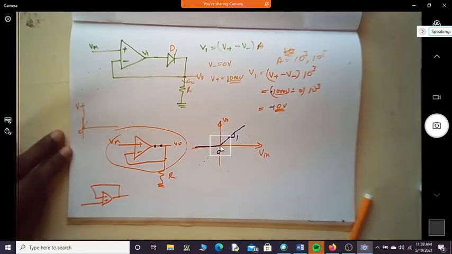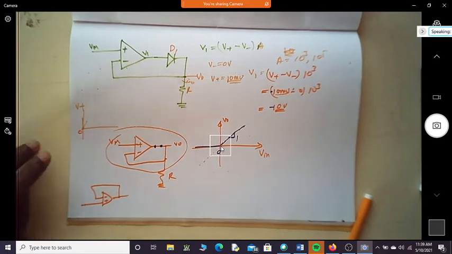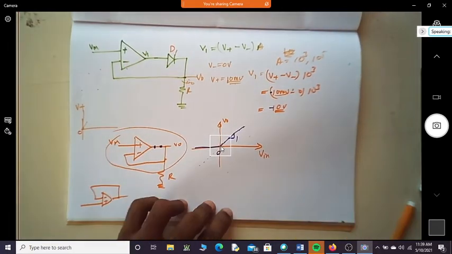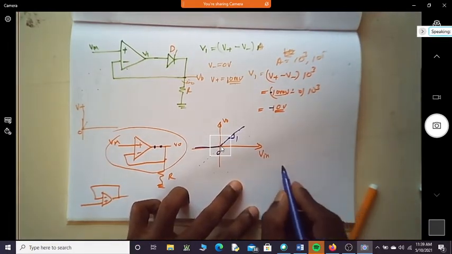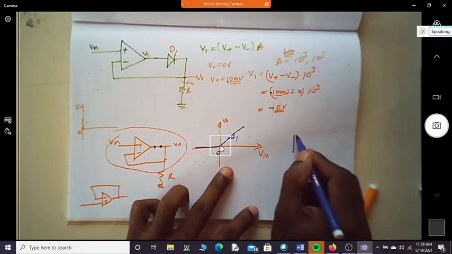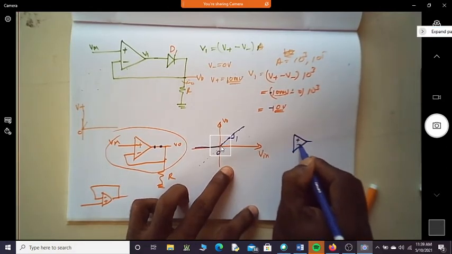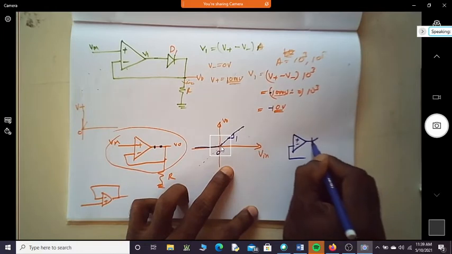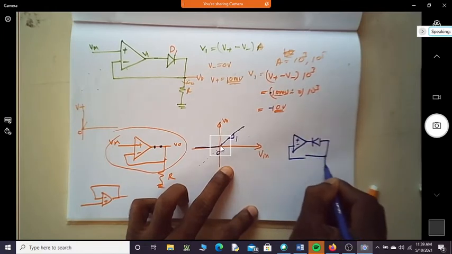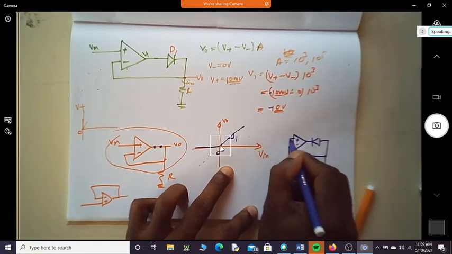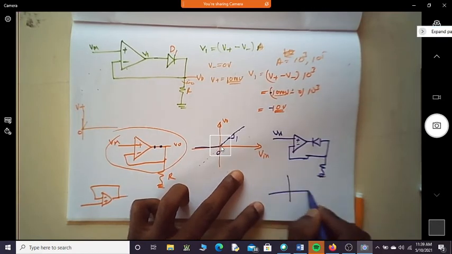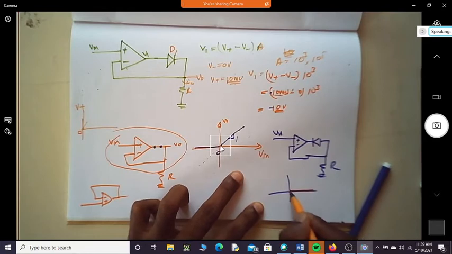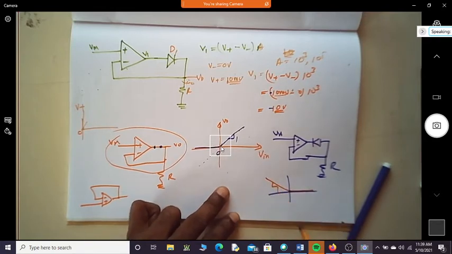This is a half wave rectifier, half wave precision rectifier. If I reverse the diode, I'll get the reverse characteristics. Meaning, if I do this plus minus, if this is V in, if it is R, this slope is 1.